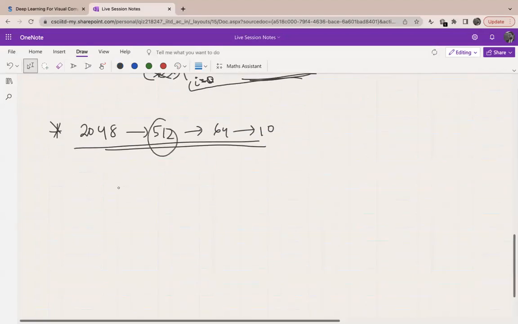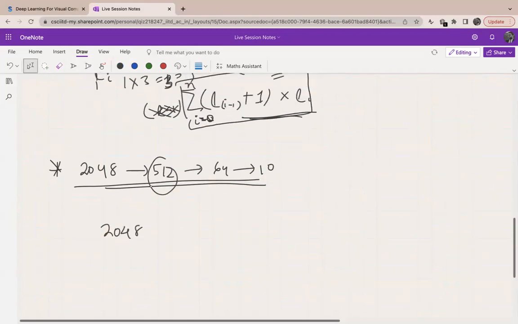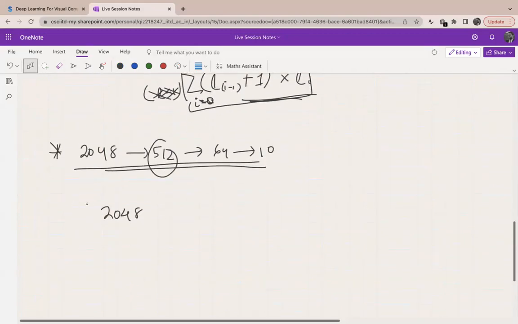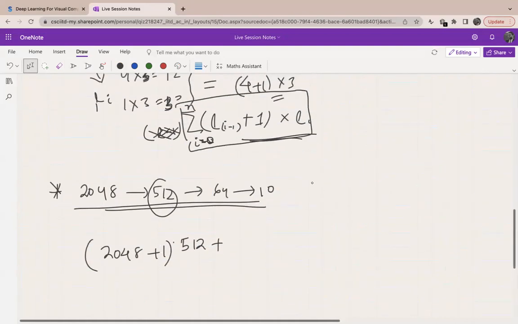So calculating for this, it will be 2048, I mean L minus 1, plus 1 into 512, plus the formula, I equals 1 to n, L I minus 1 plus 1 into Li.